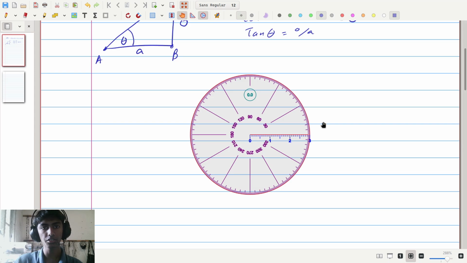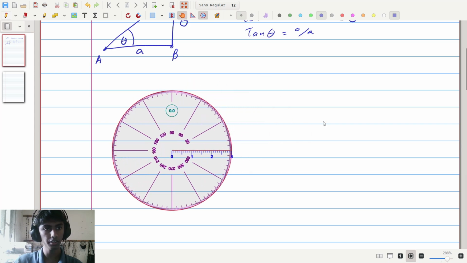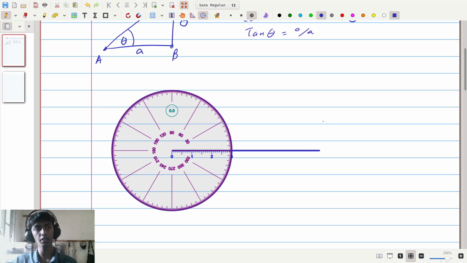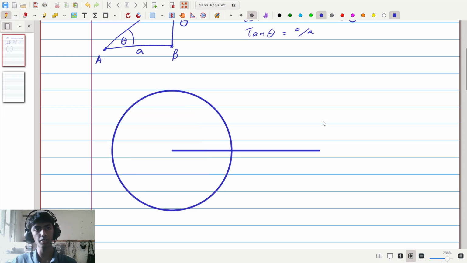If we take the unit circle, which I'm going to draw in a second, and the x-axis, and then we consider an angle rotated from the x-axis in the anticlockwise direction. Let's draw it properly with a line. Say we have some angle like this, and this angle rotated from here to here is theta.